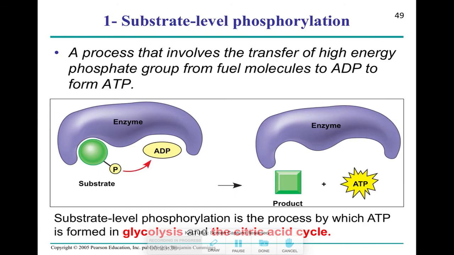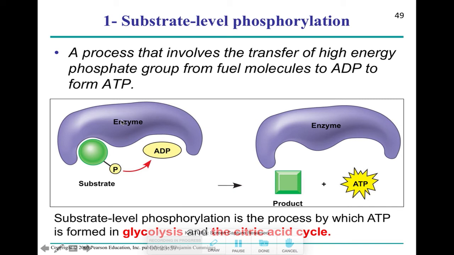So let's see what substrate level phosphorylation is. When an organic molecule has a phosphate attached to it and ADP is floating around in a cell, there is an enzyme with 2 active sites. One active site is for the organic molecule which has a phosphate, another active site is for ADP.